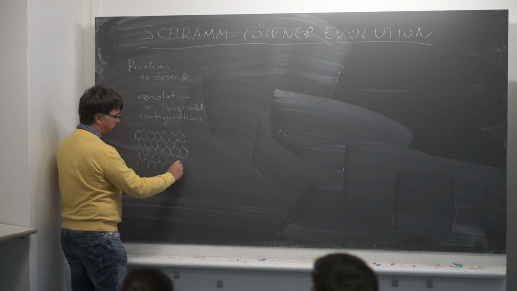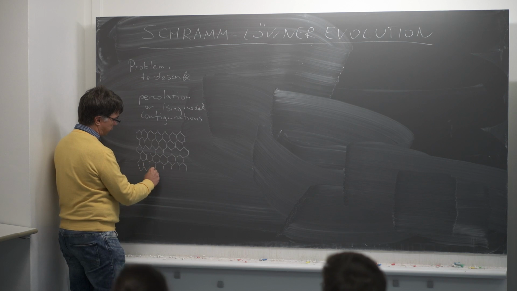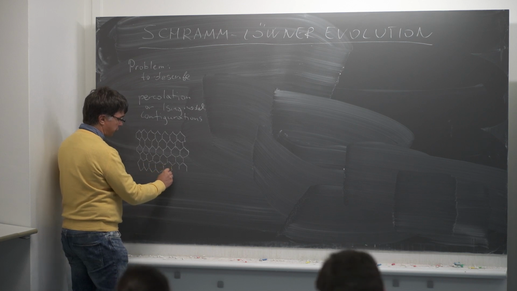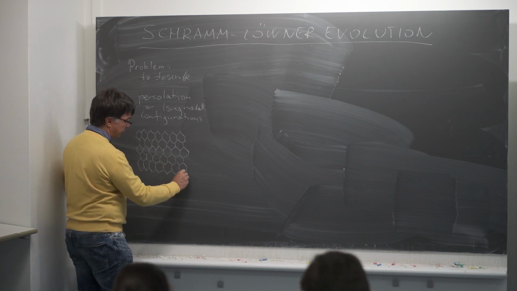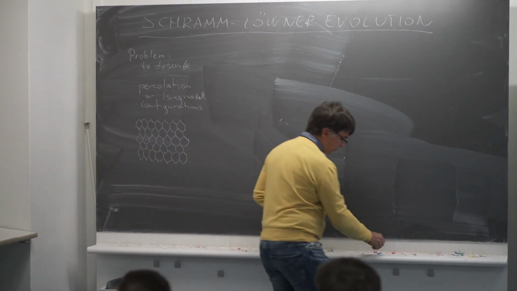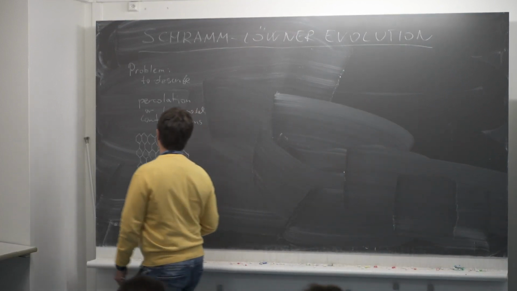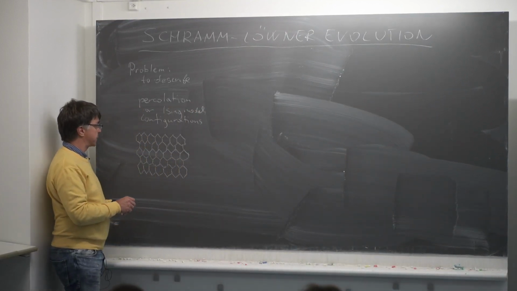On the other hand, physicists usually studied correlations of colors at 2 points or 3 points or 4 points, which seemed to be too little. So what he suggested is to study just one part of the configuration, to study the interface.